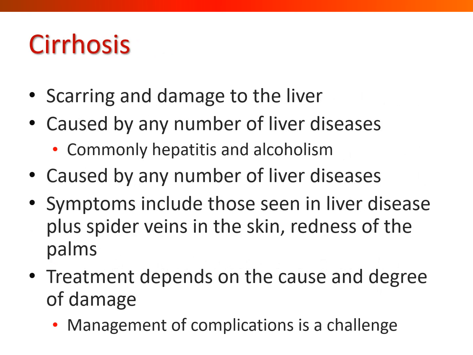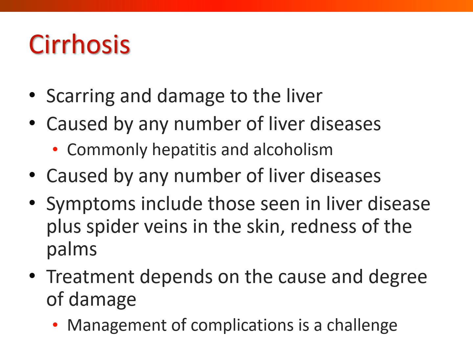Cirrhosis is a liver disease that involves scarring and damage to the liver, and it can be caused by a number of diseases that affect the liver. Commonly, hepatitis is one that can lead to cirrhosis, as is excessive alcoholism. The symptoms of cirrhosis include those seen in liver disease, plus spider veins in the skin and a redness in the palms.